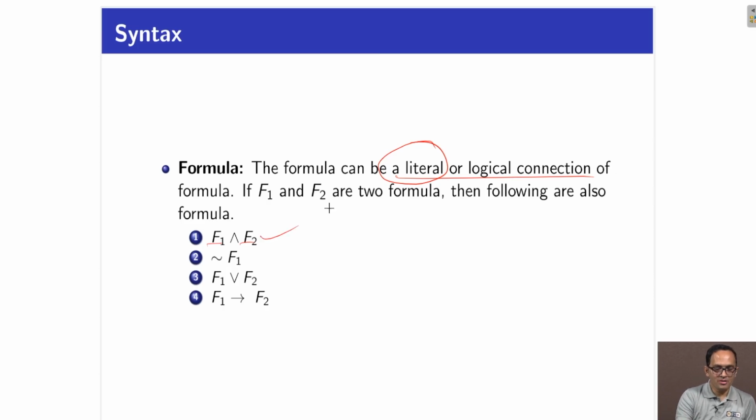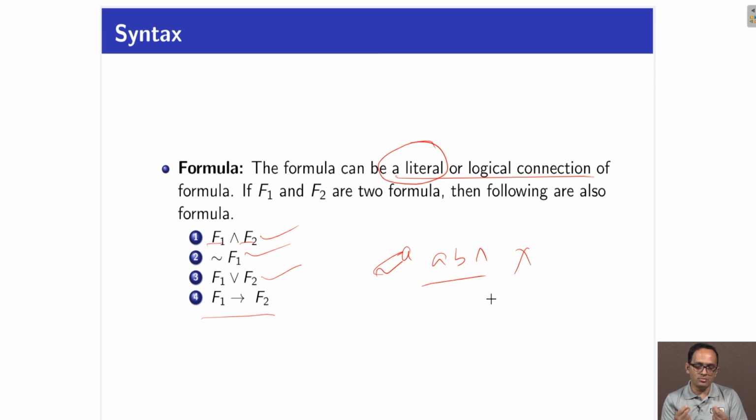Similarly, not f, f1 or f2, f1 implies f2. These are all correct formulas, but if you write something like a, b and, this is not a logical formula, as it is not connecting two atoms or two formulas properly. Similarly, not b, a is not correct, but a or b, not a, b are correct formulas.